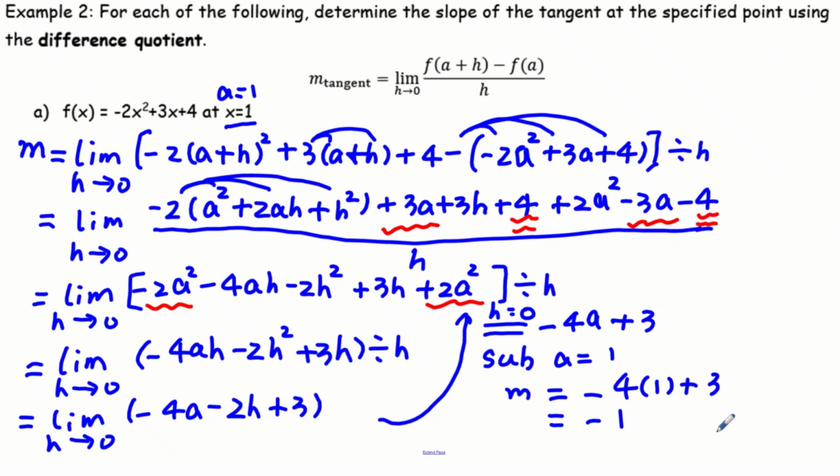Then we substitute h equals 0, then sub in a equals 1, or whatever x value is given. That x value is what you put in as the a value.